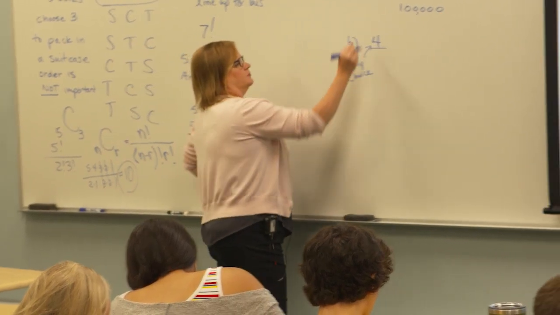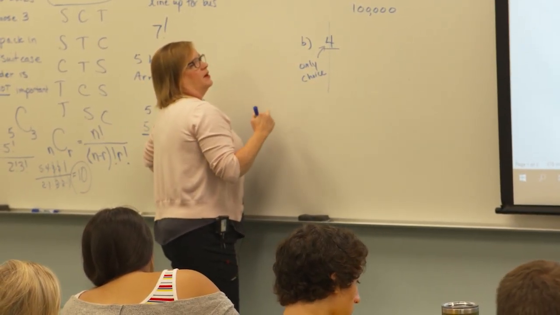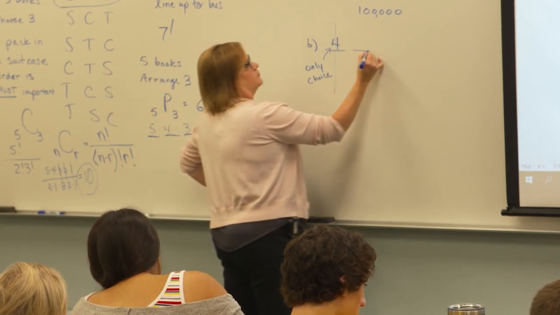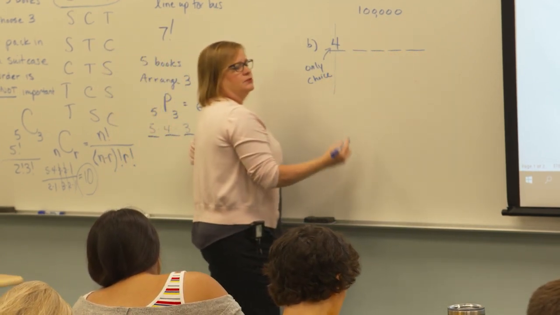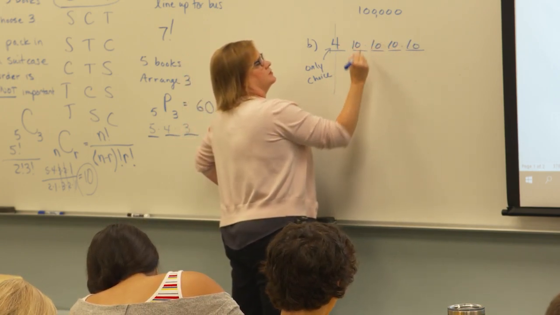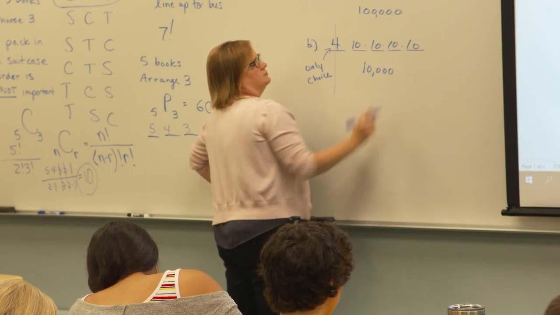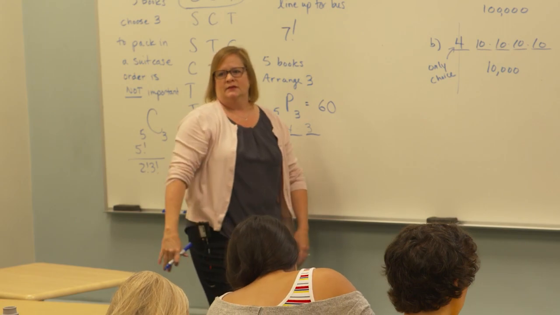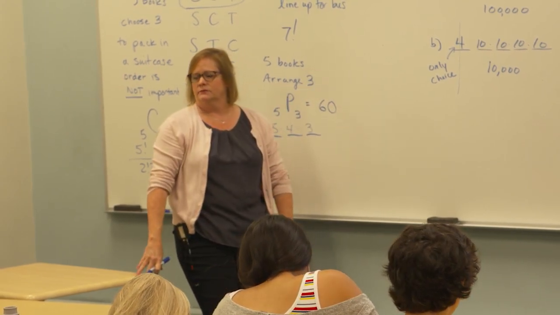But the other 4, it didn't say anything about, so those could still be any of the 10 digits. So now how many are there? Yeah, 10,000. If they ever restrict one of them and say it's got to be this, then that just takes that one out of it.